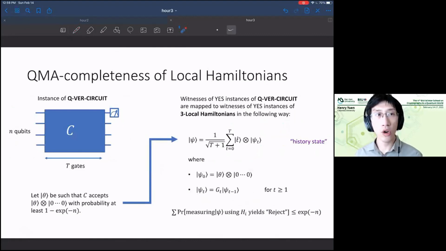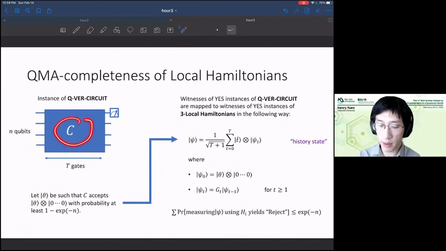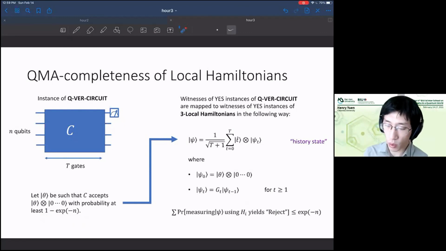The interesting thing to note about this is there is a direct mapping from proof states theta that are accepted by this verifier circuit to states psi that are accepted by these local measurements. So let's say that theta is a quantum state that's accepted by this verifier circuit, let's imagine with very, very high probability, exponentially close to 1.